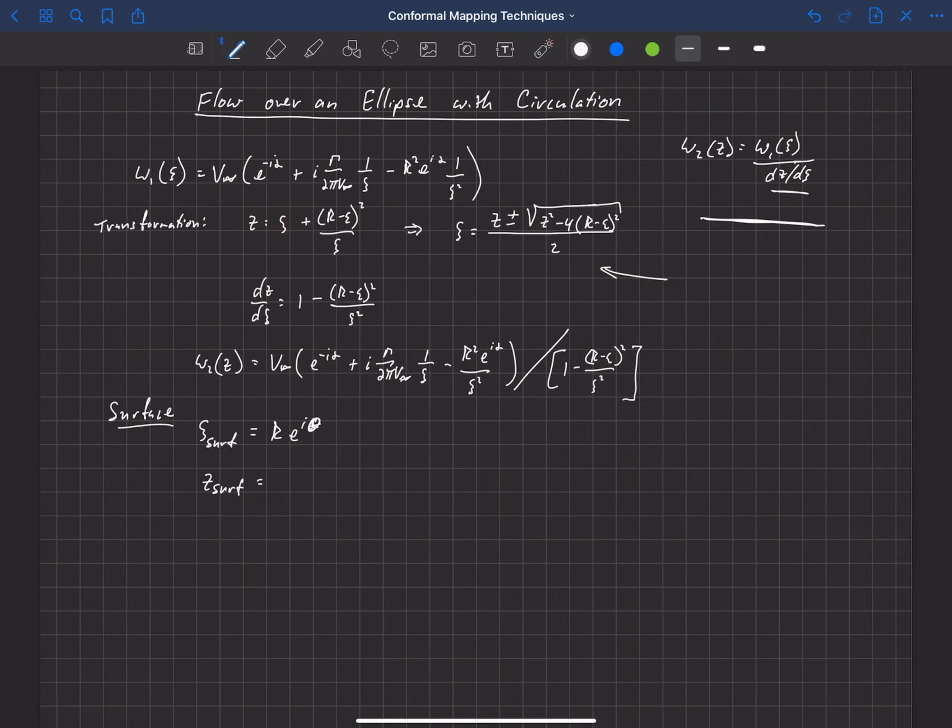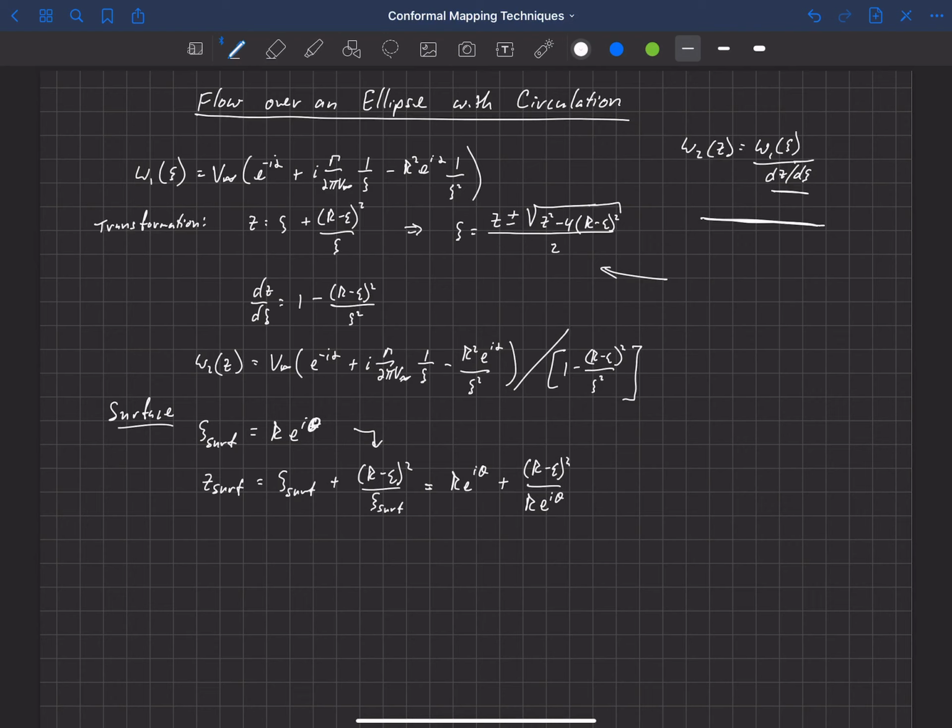Okay, so the z surface is equal to zeta surface plus (r minus epsilon) squared over zeta surface. And I can just plug in what that zeta surface is. So I'm going to get r e to the i theta plus (r minus epsilon) squared over r e to the i theta.